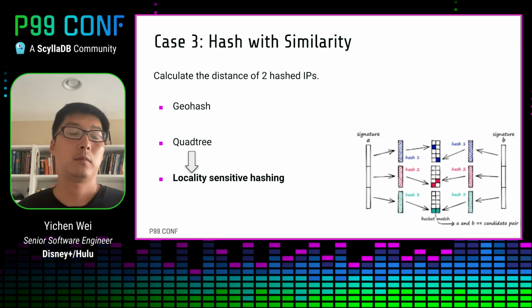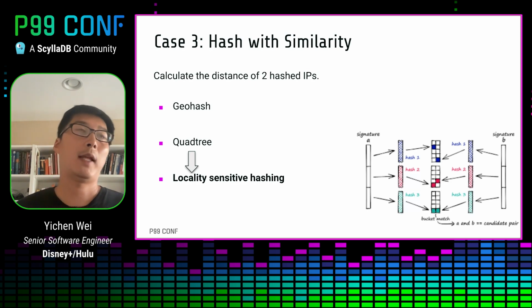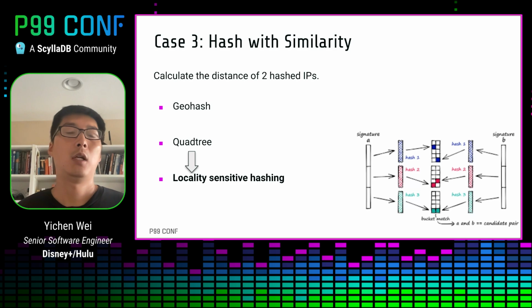So next, we thought, how about we use a similar way as in the large language model or the vector database? Can we use a locality sensitive hashing method instead of calculating the distance, which is a concern from the PII?